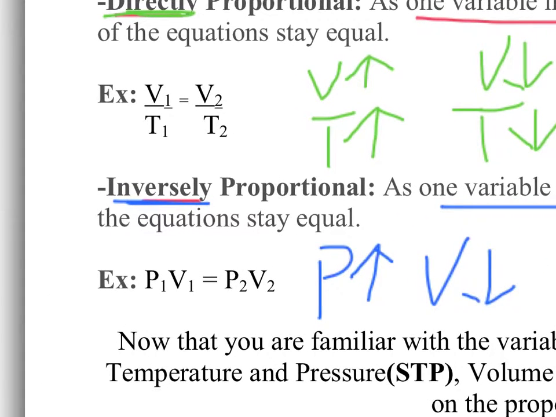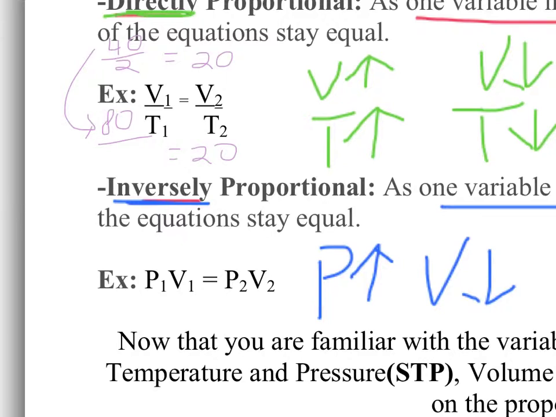So if I say that V1 over T1 equals V2 over T2, let's say that this is equal to 20. So if I started out with 40 over 2, that equals 20, right? And if I change 40 to 80, what happens to my T?